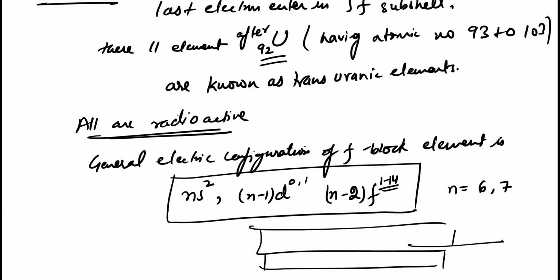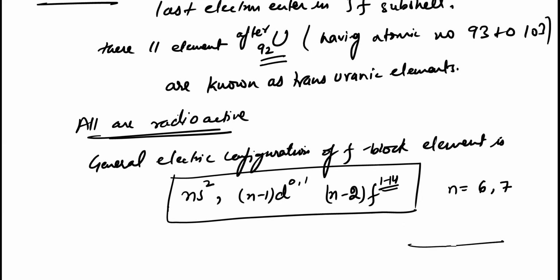So there are 28 elements. In the sixth period, 14, and in the next period, again 14. Okay, let's move further.